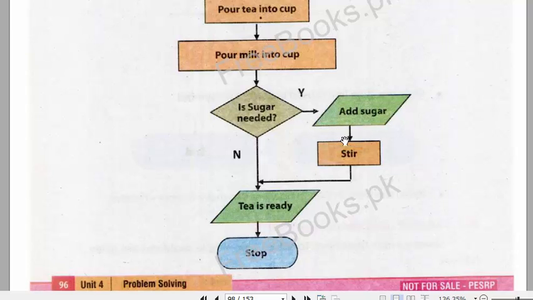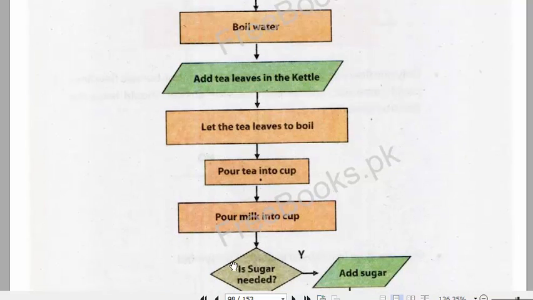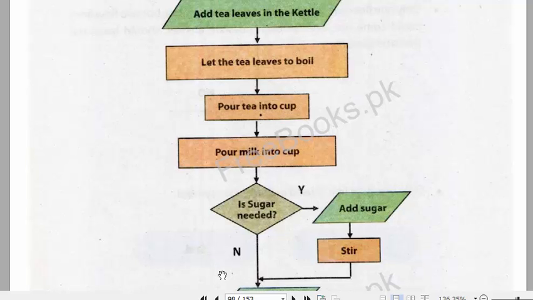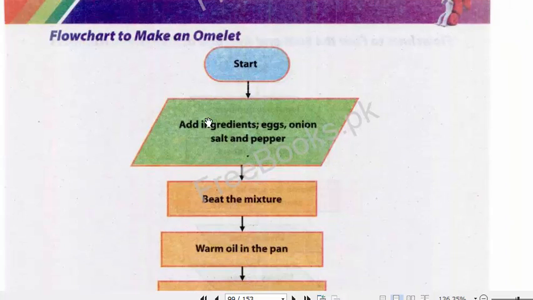Input output, decision or process, you can name it process or decision. Then again output and stop. So this is the way you are going to create flowcharts. Remember one thing, flowcharts are not as easy as this one. The official flowcharts are very big in working and complex to understand.